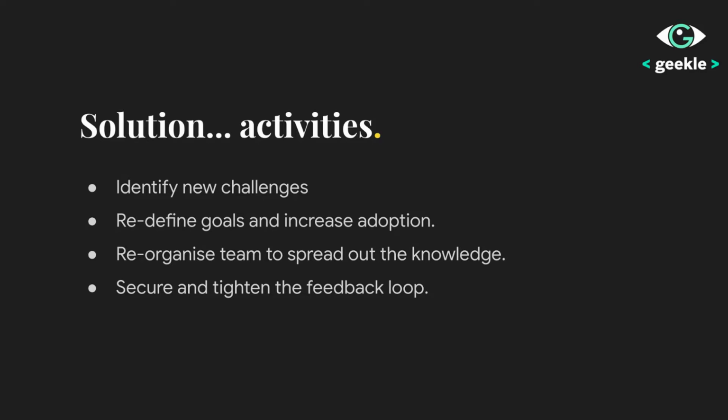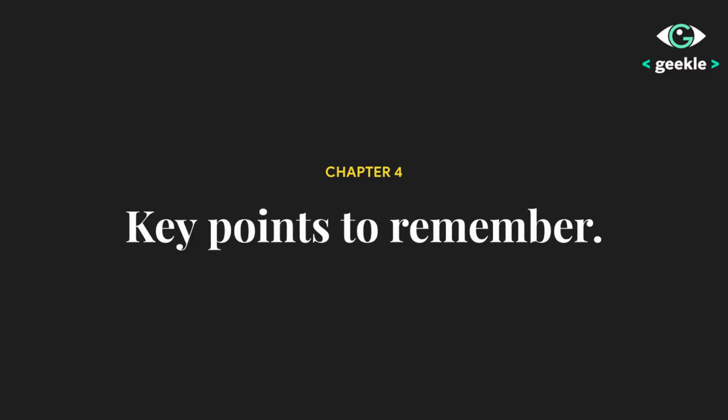Whatever feedback mechanism you have created, you need to secure that and tighten it even further, so that sharing feedback and getting feedback to you becomes a little bit easier and a little bit more fail-proof. So that's how you should start thinking about the design system and start building one.